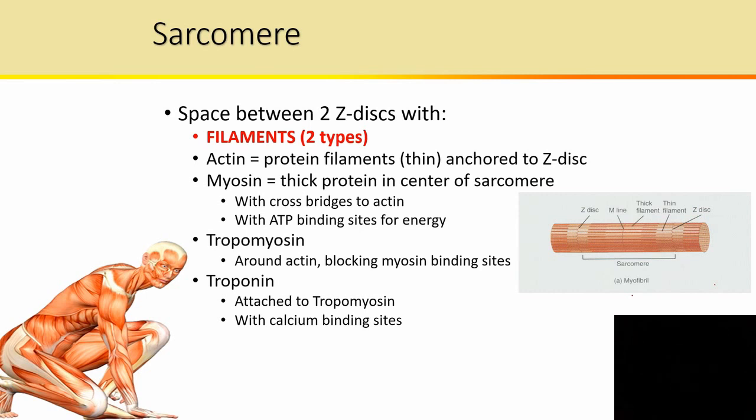Actin is a protein myofilament, and the end of the actin comes down this way, if you follow the little pointer, and attaches right here to the Z disc. So this actin filament goes from about here to about there, and the same thing on this side, and they're all attached to the Z disc. The next sarcomere would have more actin attached to the Z disc going the opposite way.